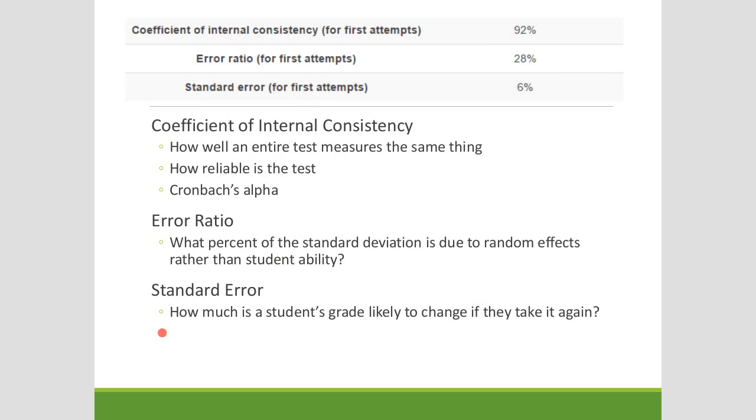In this particular case, we see that the error ratio is 28%. So 28% of our standard deviation is due to essentially random effects that we are not sure what they are, not due to student ability. It seems kind of high, but in the grand scheme of things, that's actually fairly low for most things.